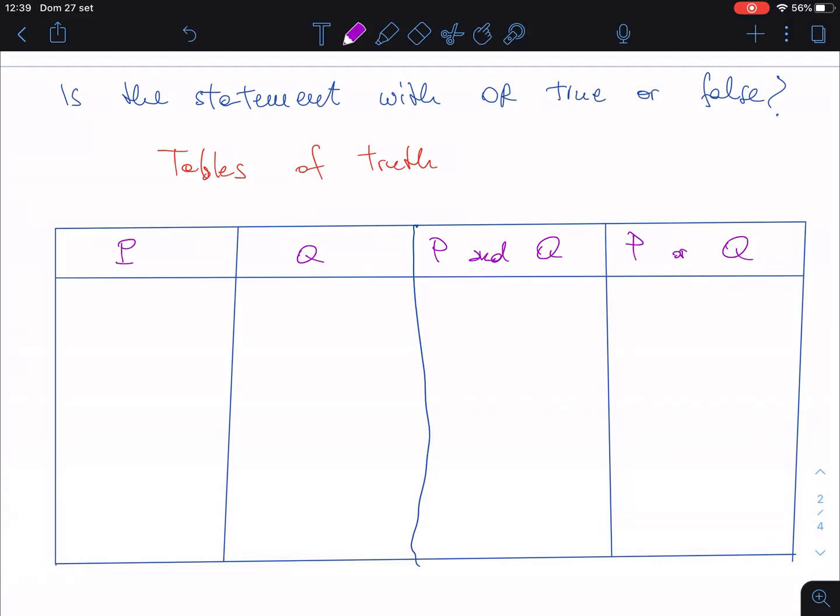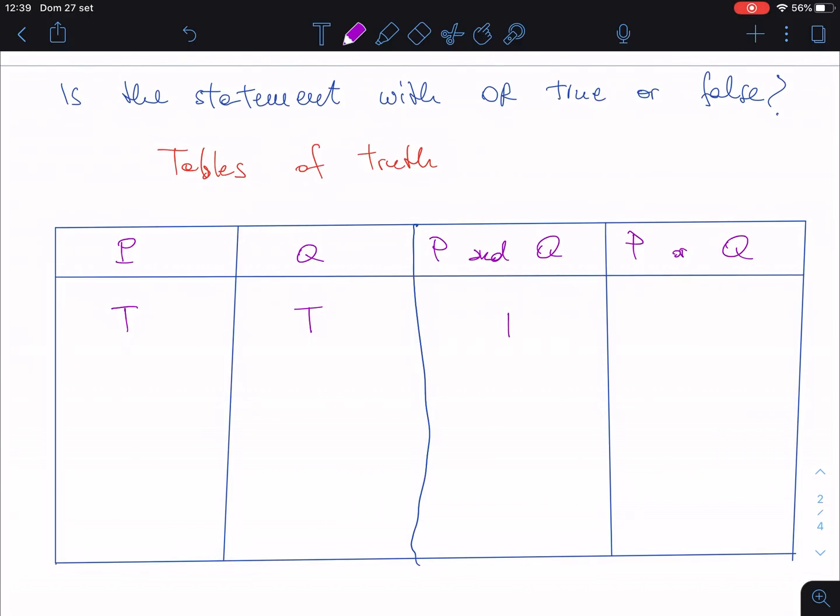And now the table tells you that if P is true, Q is true, then P and Q is true, P or Q is true. If P is true and Q is false, you have that P and Q is false, because with and, both statements have to be true, whereas P or Q is true. It is sufficient that one of them is true.